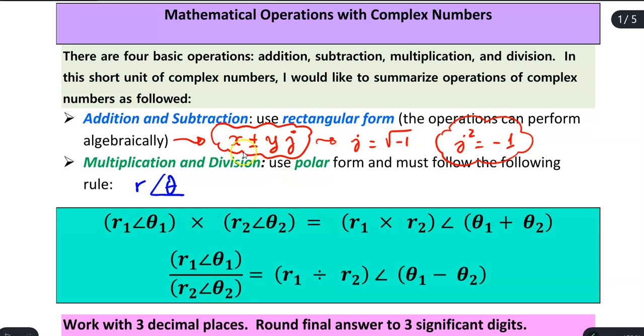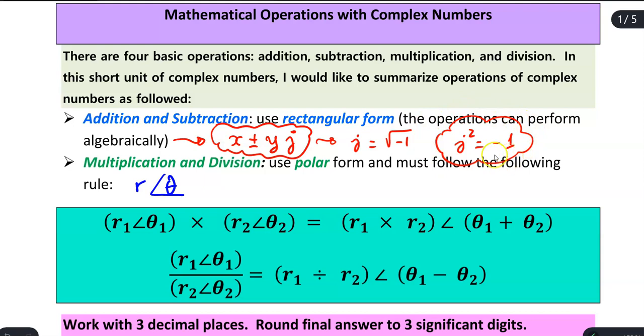The rectangular form of a complex number consists of the real part and the imaginary part. The imaginary part of a complex number has something to do with the j. j is defined as the square root of -1. If we raise j to the exponent 2, we end up with -1. j is an imaginary number because if you square a number, you should not have a negative as a result.